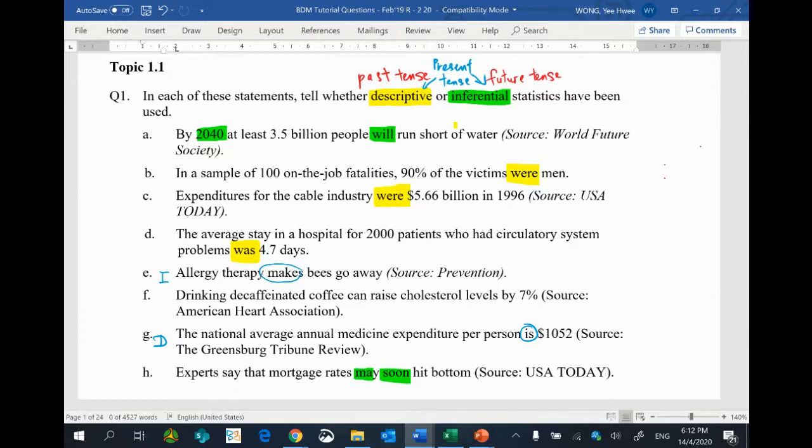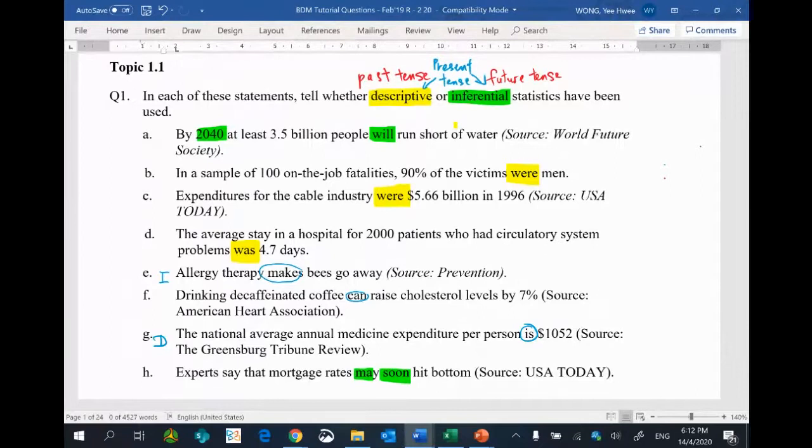F, drinking decaffeinated coffee can raise cholesterol levels by 7%. Does it sound like inferential or descriptive? Can raise. So the can is present tense. Just think back.